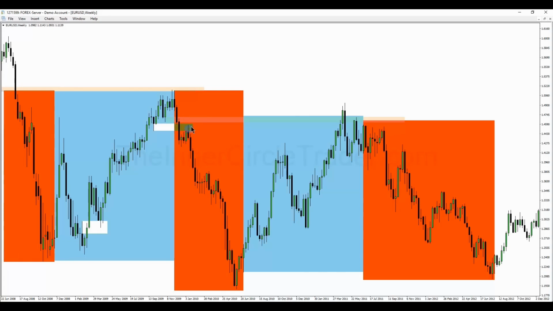Right there. And you can see them selling it right here. So they're mitigating the longs they used to buy the price higher. They take those orders off, and then you see the acceleration going lower.